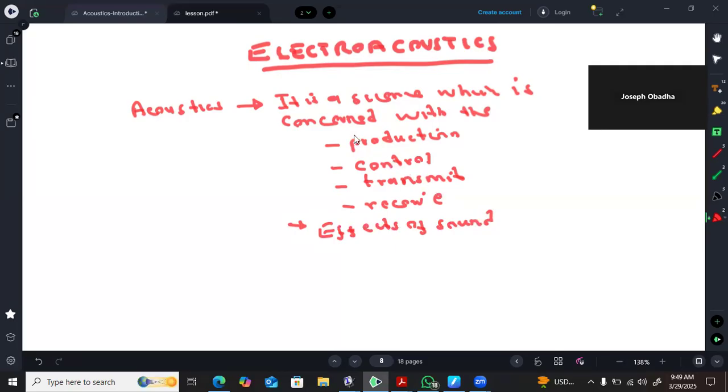Because any device which deals with the processing of sound, for example, the speakers, the microphones, the ear for that matter, because the ear actually deals with the processing of sound. It converts sound to electrical signal and the interpretation of sound.